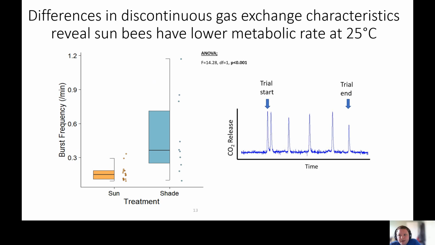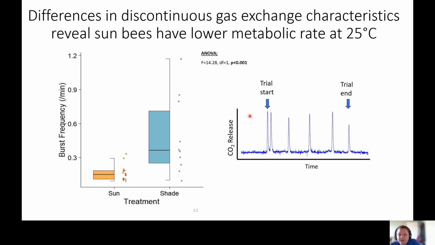This figure here is showing the carbon dioxide burst frequency of sun and shade adults using discontinuous gas exchange at 25 degrees Celsius. So here on the right-hand side is just a representative photo of the metabolic rate trace with the peaks shown as CO2 release over time.